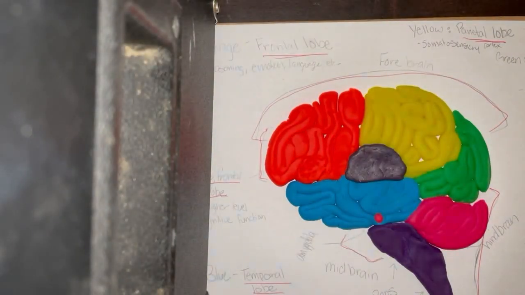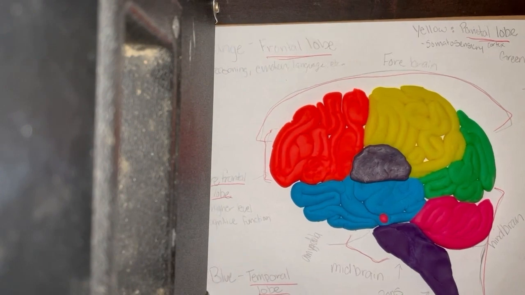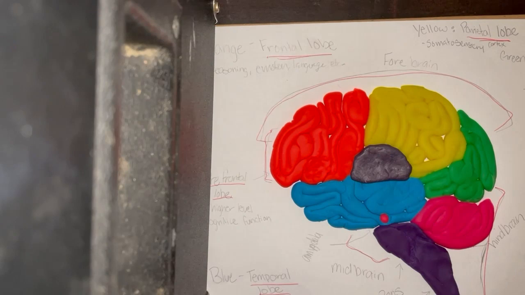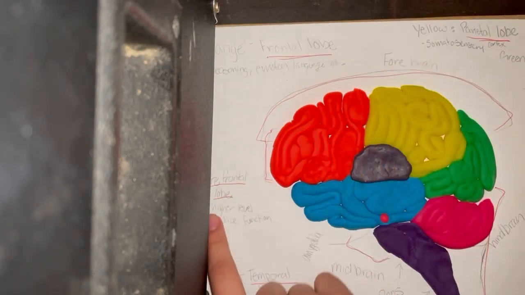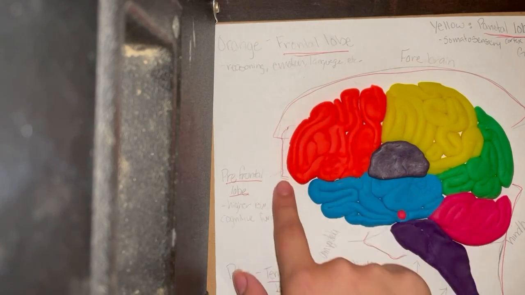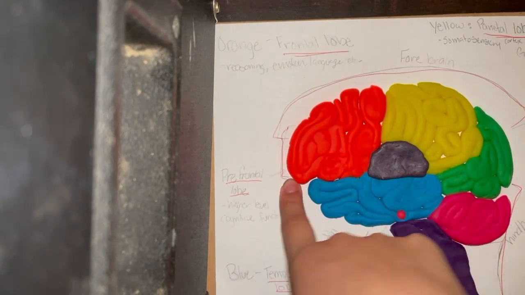Now, if we were to look further into detail about the brain, we have separate lobes, their functions, and their structures within each lobe. So we have the frontal lobe right here, and the prefrontal lobe at the front, which also includes the prefrontal cortex.